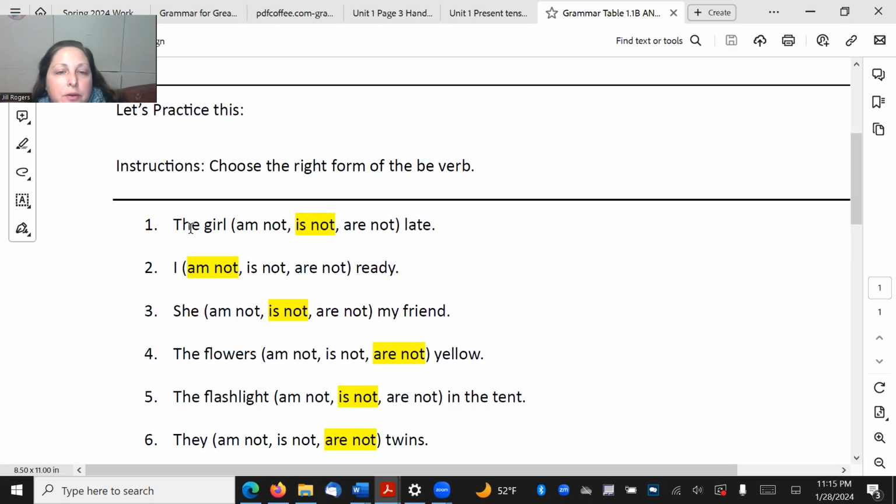Number 1, the girl is not late. Number 2, I am not ready. Number 3, she is not my friend. Number 4, the flowers are not yellow. Number 5, the flashlight is not in the tent.